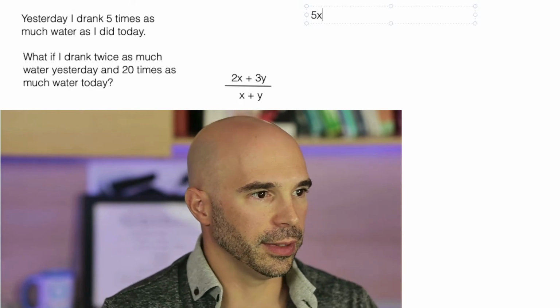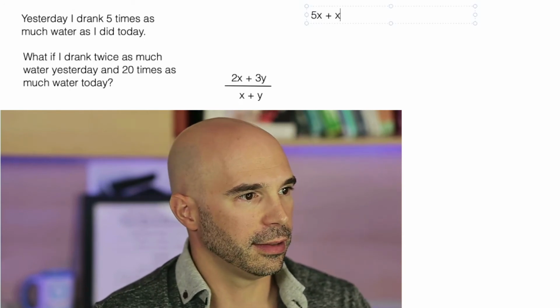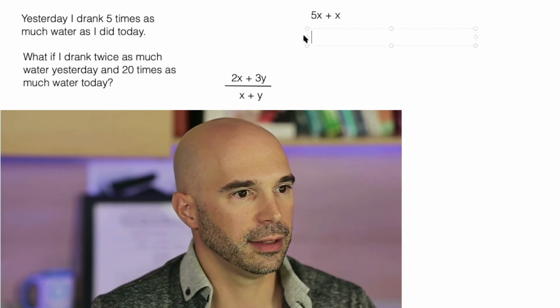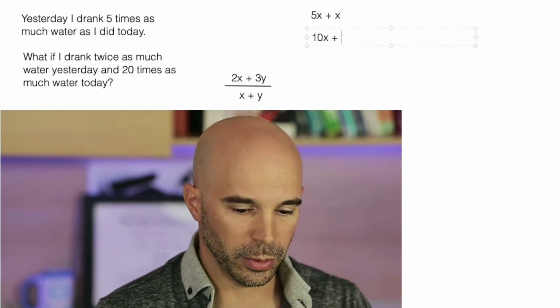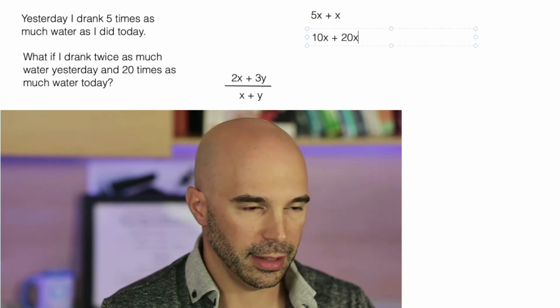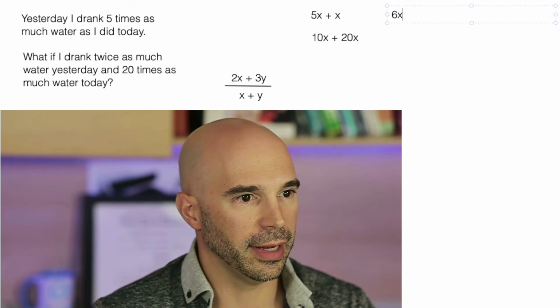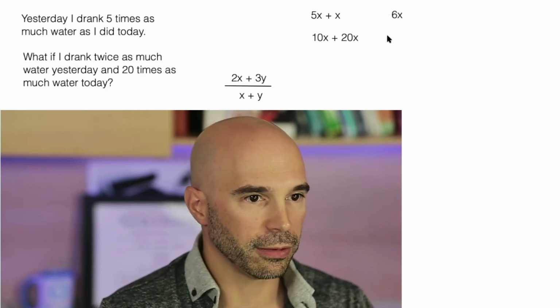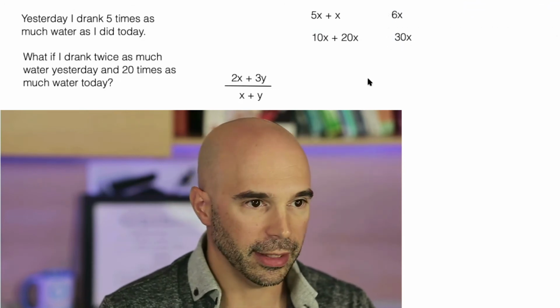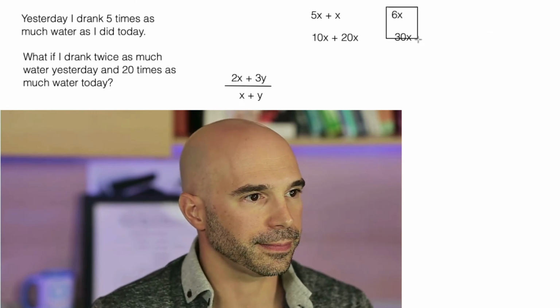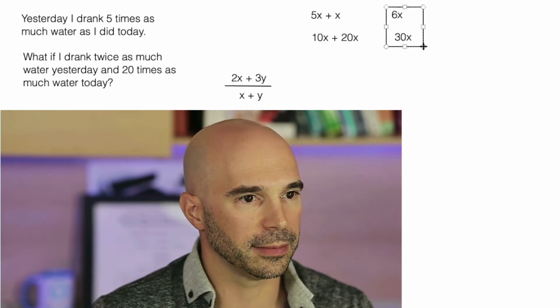So we could say, well, yesterday I drank 5x and today I drank x. But if I had done twice as much yesterday and 20 times as much today, I would have this. So going from 6x to 30x, can we tell the change factor? We can. It's 5 times as much.